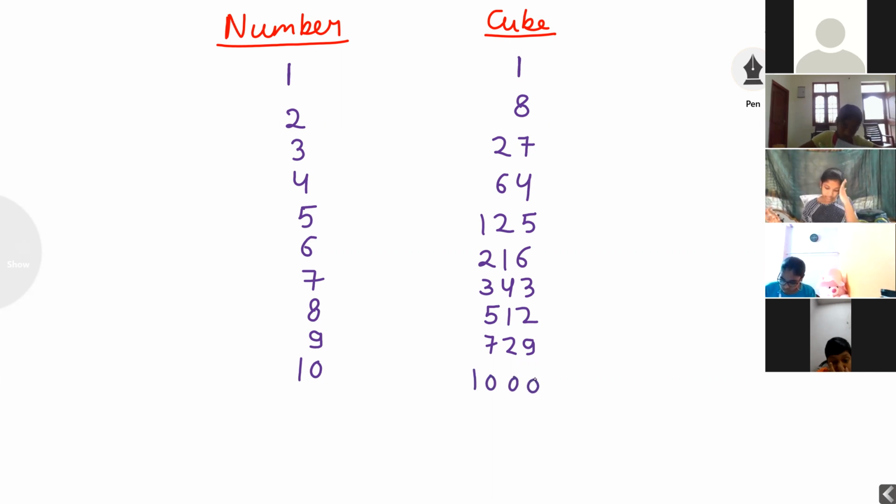Now this concept we are going to use to find the cube root by using the estimation method. Now keep the heading, everyone: Estimation of cube root.